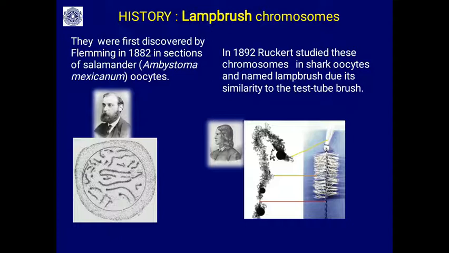In 1892, Ruckert studied these chromosomes in shark oocytes and named them Lampbrush due to their similarity to test tube cleaning brushes, as shown in this picture. These giant chromosomes were studied before the structure of the normal chromosomes.